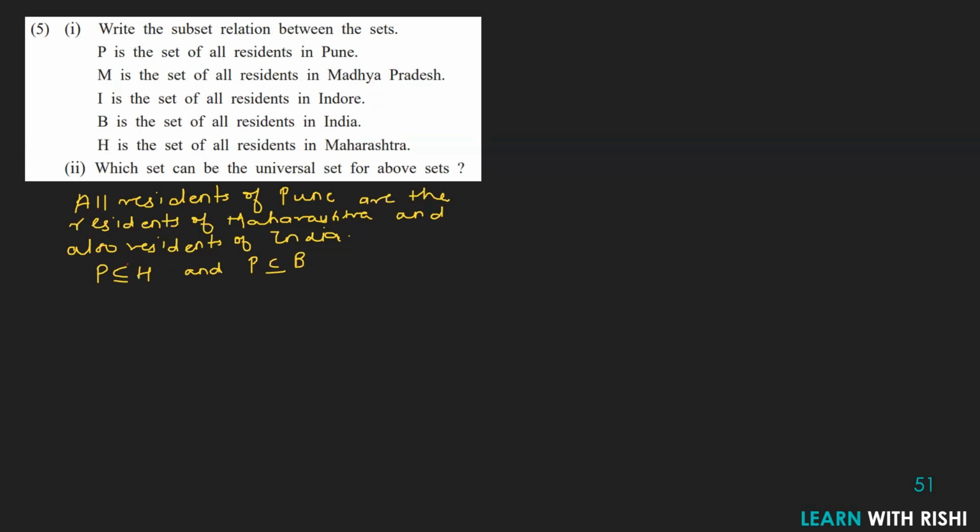Now we will do the same thing with Indore. How can we write it for Indore? All the residents of Indore are residents of Madhya Pradesh, and also residents of India.